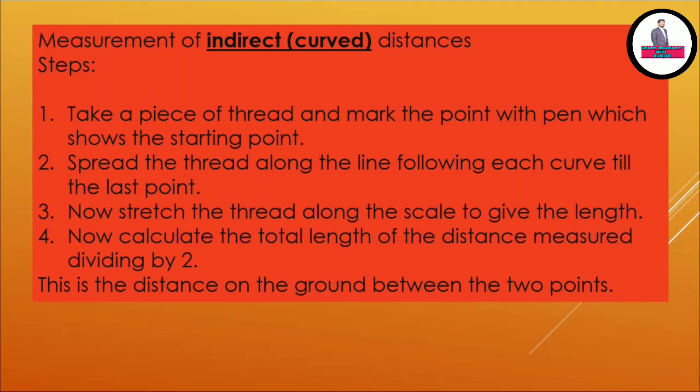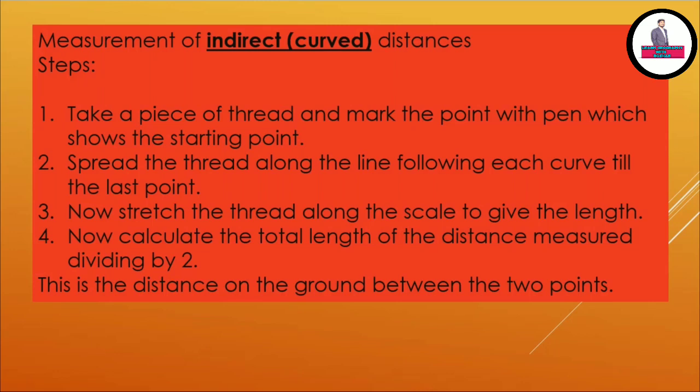You should know the limit of measurement, starting point and the ending point. Spread the thread along the line following each curve till the last line. Then along with the roads it may be asked, along with the rivers it may be asked, or along with the canals it may be asked to measure the distance.